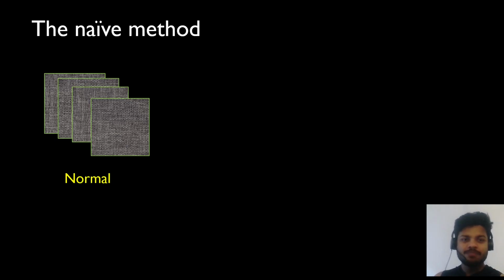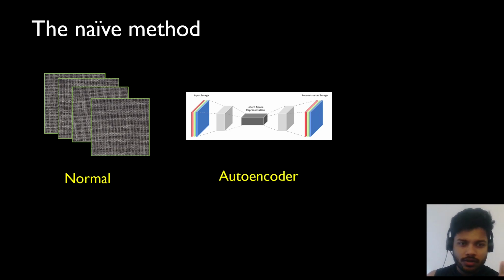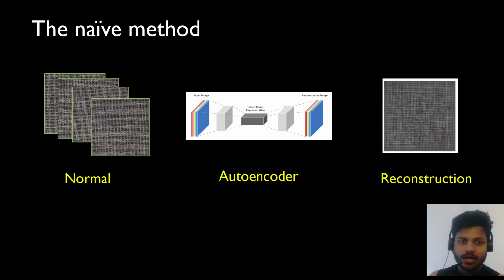So what was the naive method that we did in the previous series? We take the images, we downsample the images into 224 by 224 size. We put it in an autoencoder and we ask it to reconstruct itself. All the input data that the autoencoder uses is only normal data, so it only knows how normal data can be reconstructed.